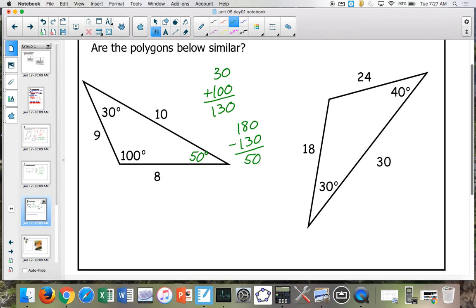That gives you a 50-degree angle. You can also figure out the missing angle in the other triangle. And since these two triangles do not have matching angles, we don't even have to check the sides. The polygons are not similar.